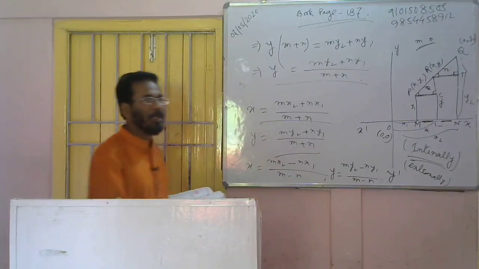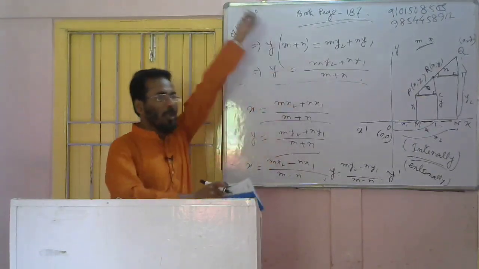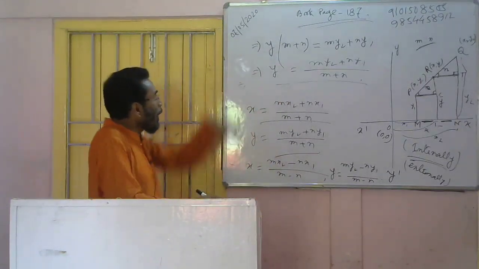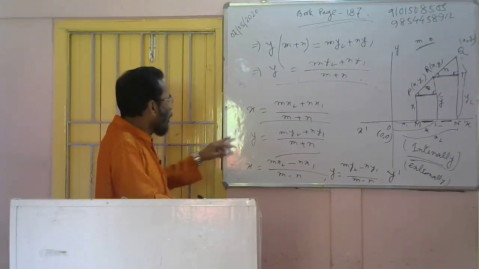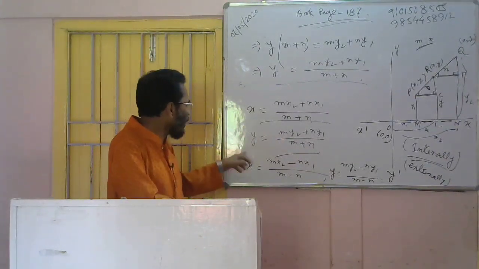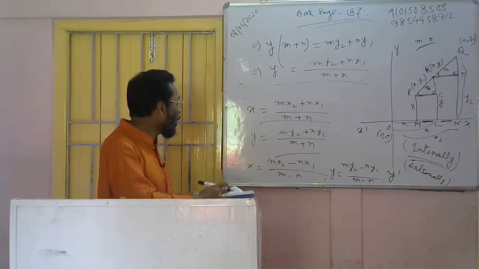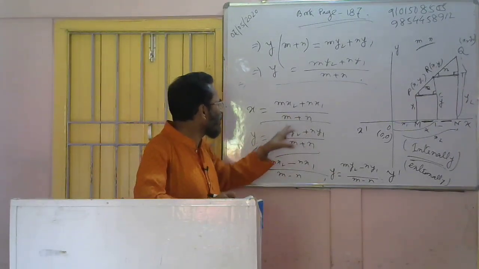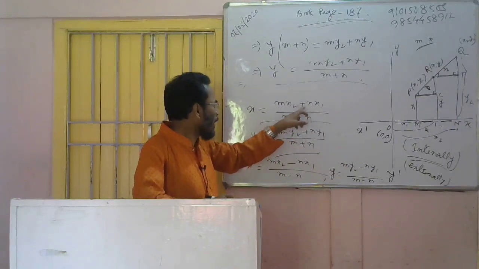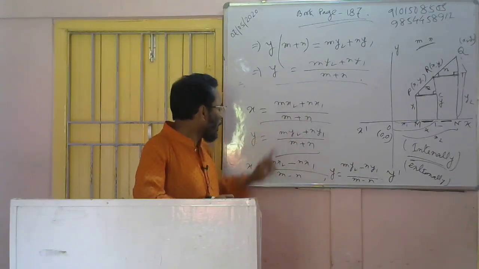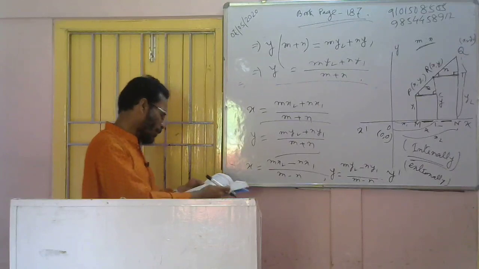So if the cutting is internally, then it will be mx2 plus nx1 by m plus n, and if the cutting is externally, then it is minus, nothing but the same formula, only in place of sign, internally it is plus and externally it is minus.